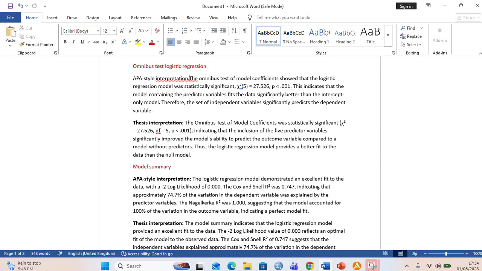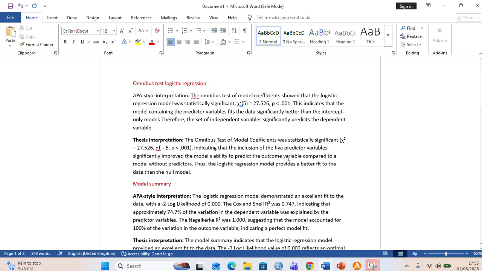And then if you're doing a thesis, you need to write the omnibus test of model coefficients was statistically significant, and the chi-square is equal to 27.526, degrees of freedom 5, p-value less than 0.001, indicating that the inclusion of the 5 predictor variables significantly improves the model's ability to predict the outcome variable compared to a model without predictors.